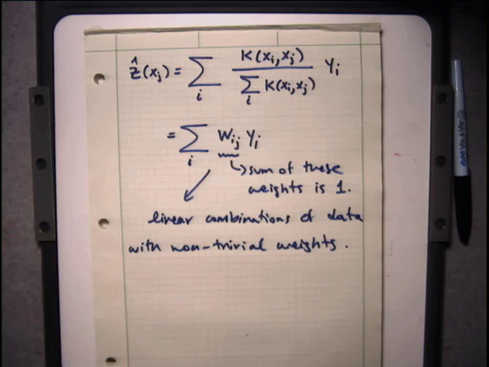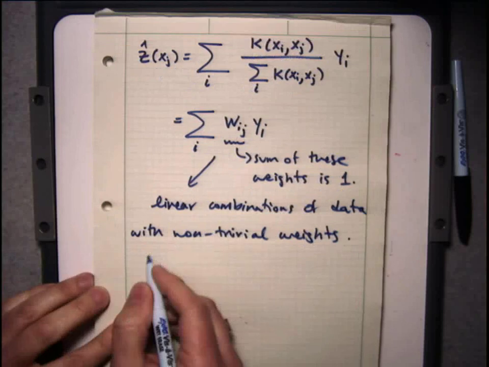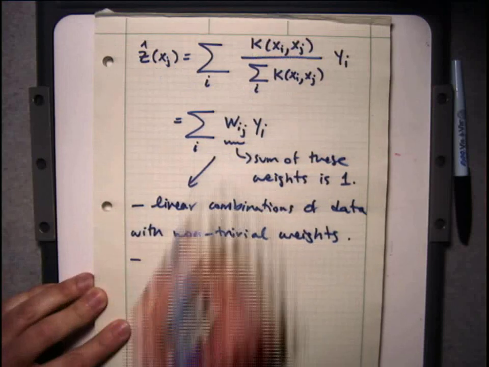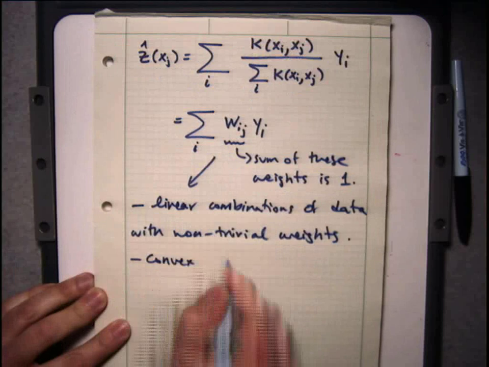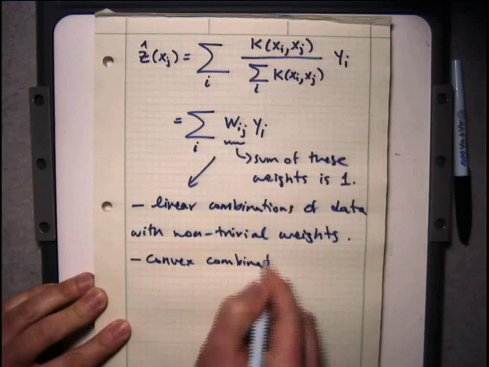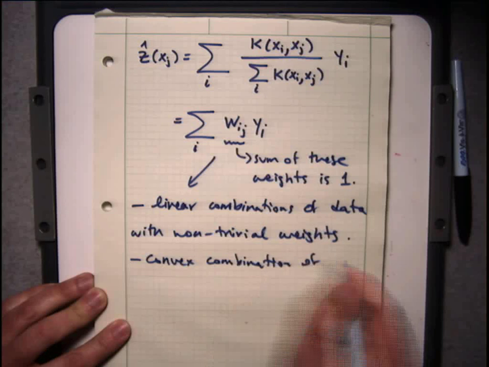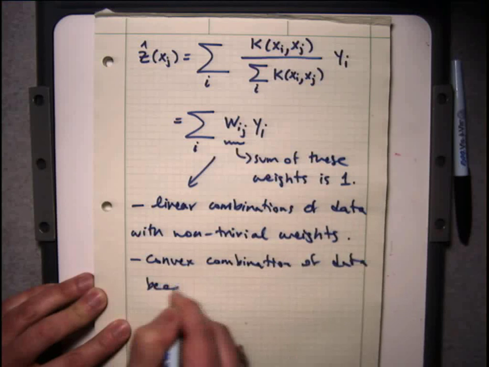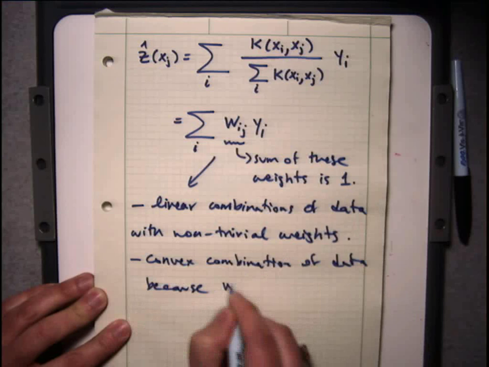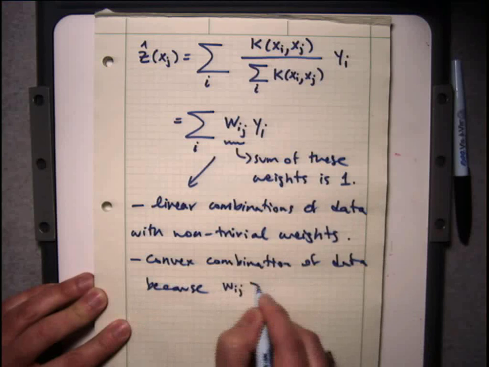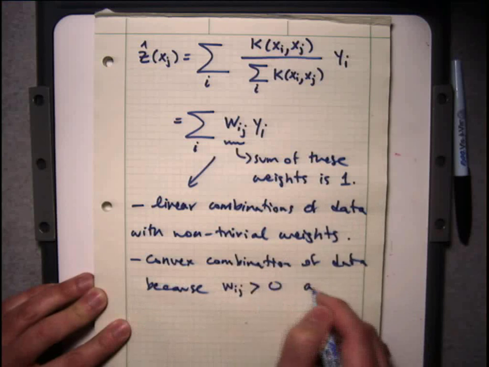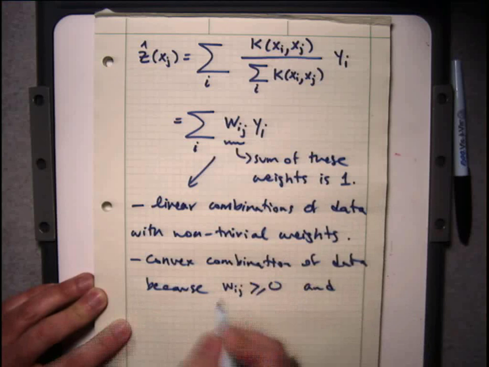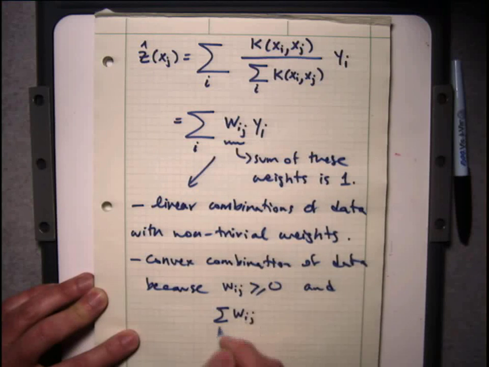All right, so let me give you another specific way in which, so this was very general, right? So linear combination of the data. In fact, this is called a convex combination of data because Wij are all greater than or equal to 0, and the sum of Wij over i is equal to 1.